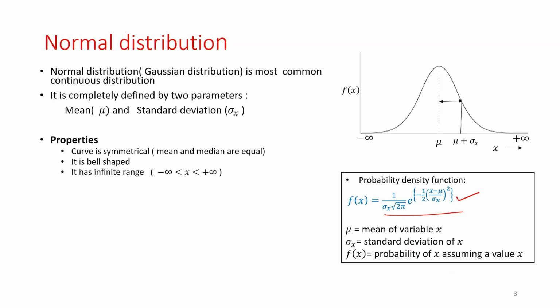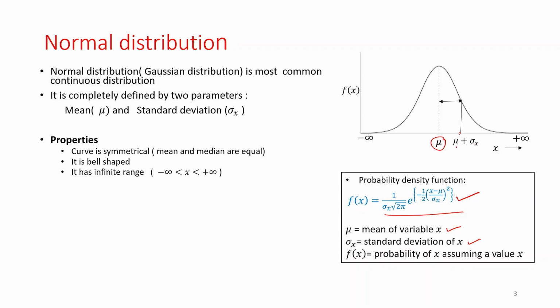The mean is at the center, it is shown here, right at the center where the peak appears. That is where the mean will lie. Sigma_x in this case is the standard deviation. So we have plotted here a point which is at a distance of sigma_x from the mean.